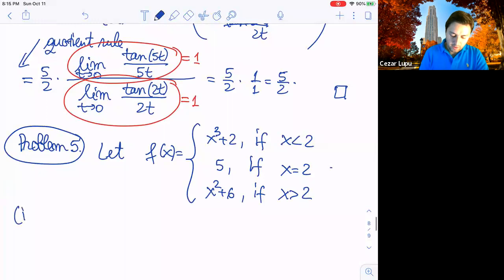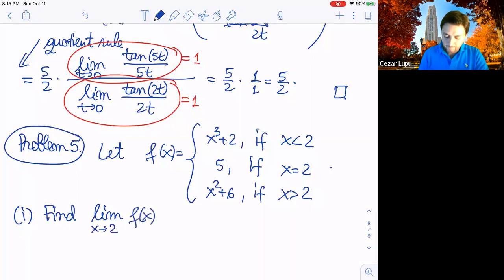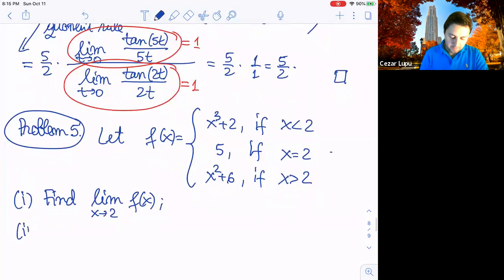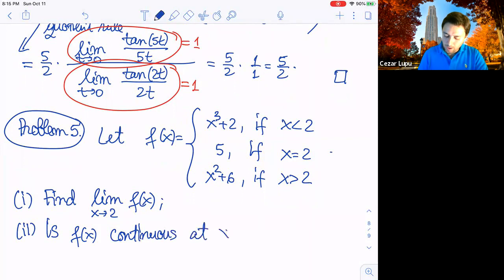Well, the first task is to find the limit as x approaches 2 of f of x. And the second one is: is my function f of x, this piecewise function, continuous at x equals 2.